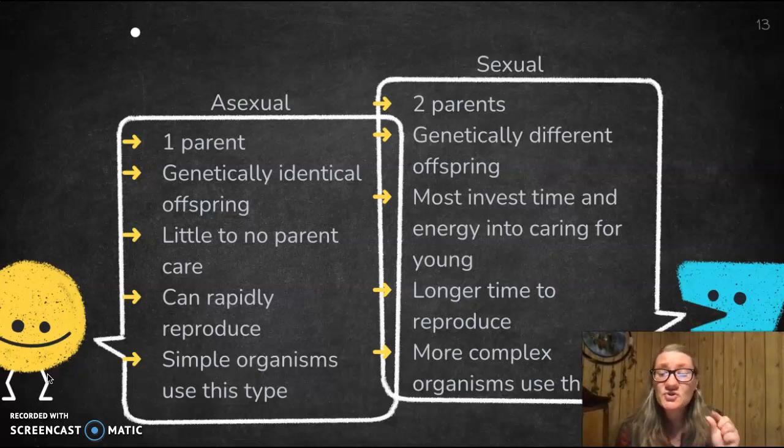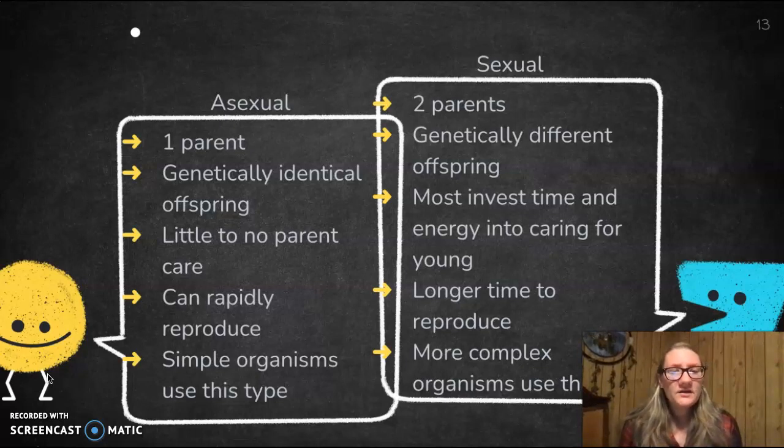That's a really short amount of time compared to a human, where it takes 9 months for a baby to be ready to be born. That's a long time. 20 minutes compared to 9 months. And other types of organisms take even longer than that. Some animals' gestational period is 18 months, I believe. That's a long time.